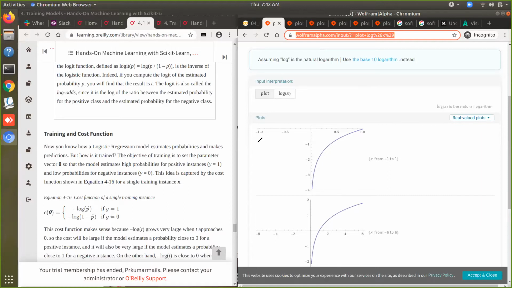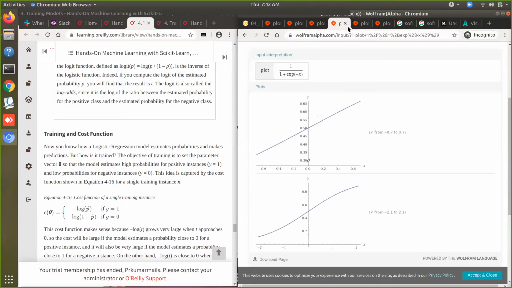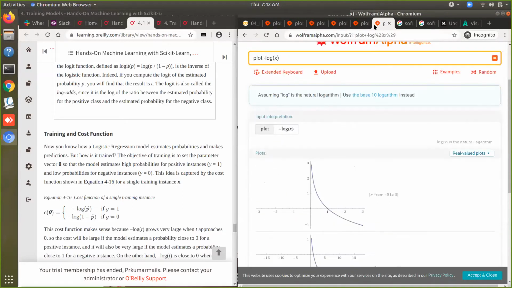When it is approaching negative infinity, it is less than 0; it does not cross 0. But the curve we want is the negation of log x. So this is the curve that we need here.